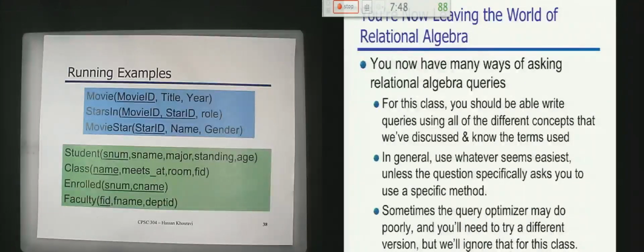Right? So I might ask you to write this query without using nested queries. Or write this, include at least one nested query inside it. If I don't tell you anything, then feel free to write it in any way that you like. Or I might say do this without doing union or intersection. Or do it with union or intersection.